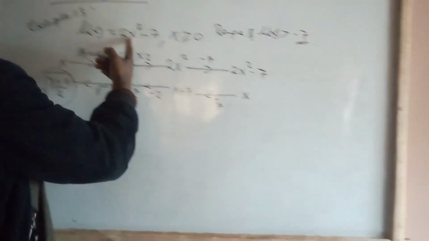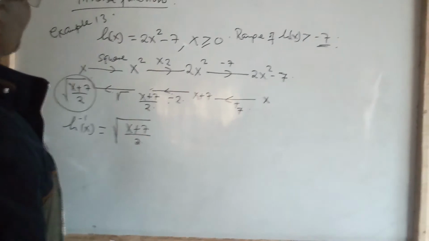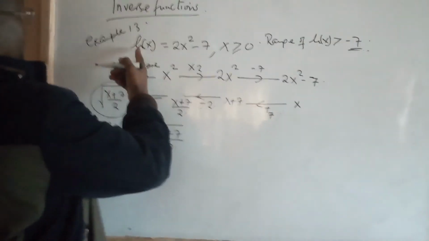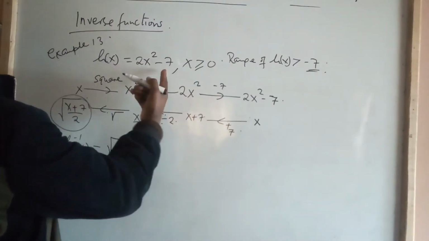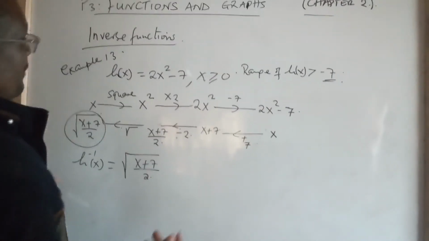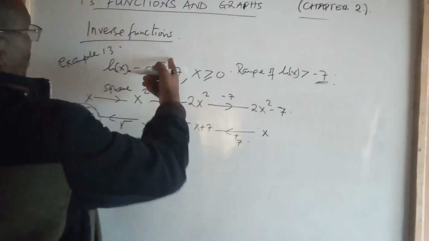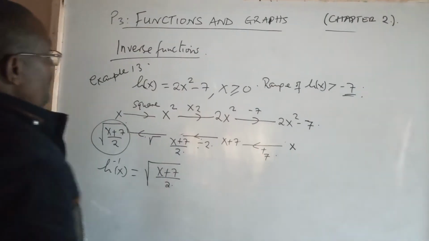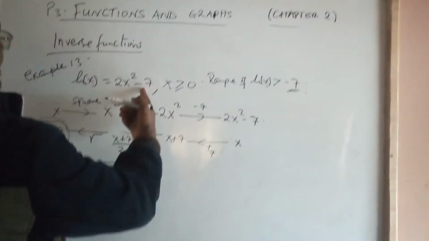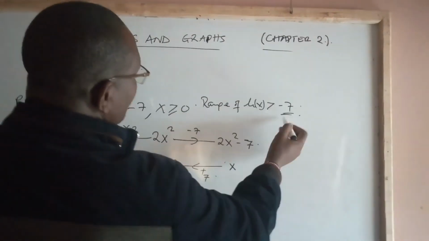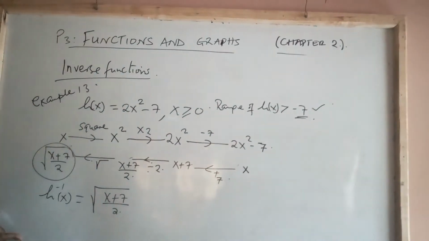Because 0 being the least, the function value is −7. And of course, it's going to increase because if x is 2, 2 squared is 4, 4 times 2 is 8, 8 minus 7 is 1, which is far above −7.